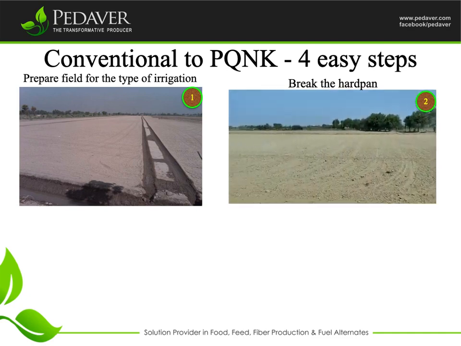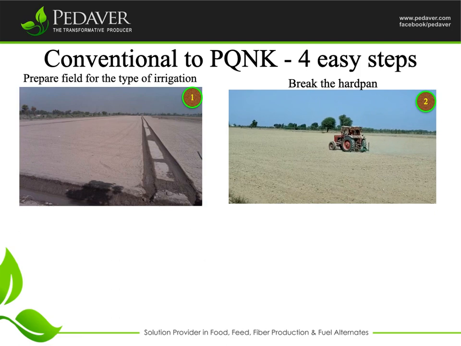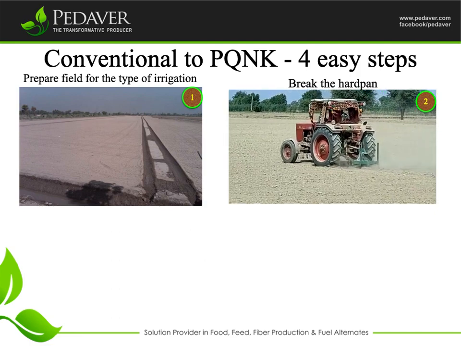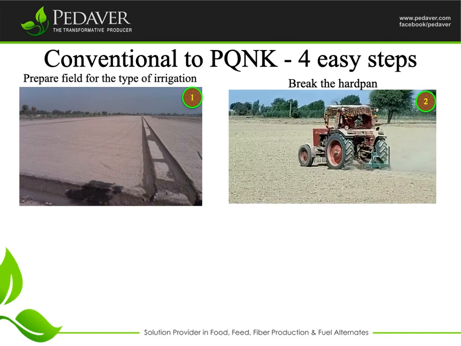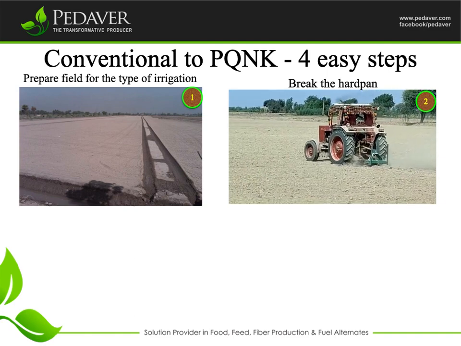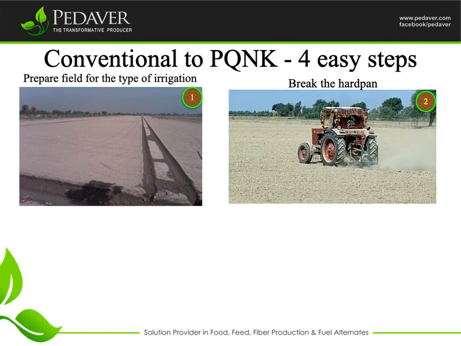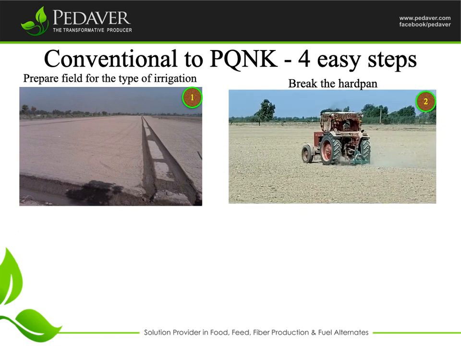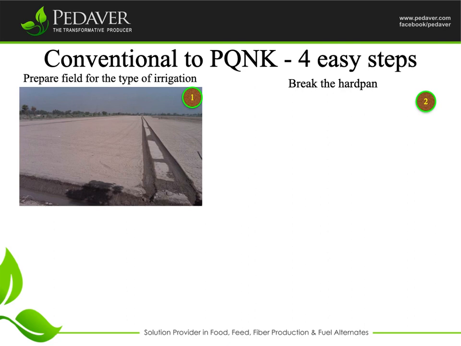But underneath, the soil is very hard, and water cannot penetrate, cannot infiltrate, cannot absorb, and even the root system does not go. This is why crops do suffer and many times lodge. So this is very important, that hard pan must be broken before we convert. This is the second step.